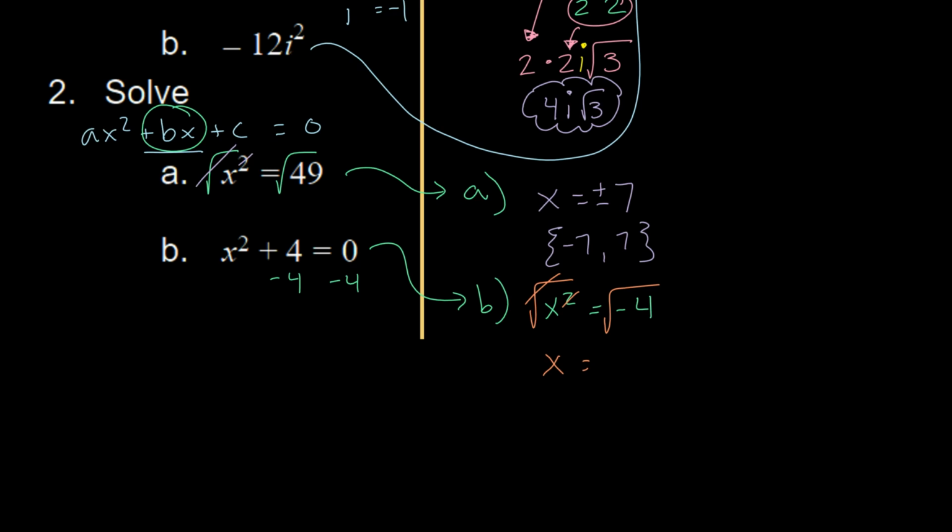We know an i is going to be in our answer. What's the square root of 4? 2. But not only is it a positive 2, what else is it? So it's plus or minus 2i. So our solution set is a negative 2i and a positive 2i.